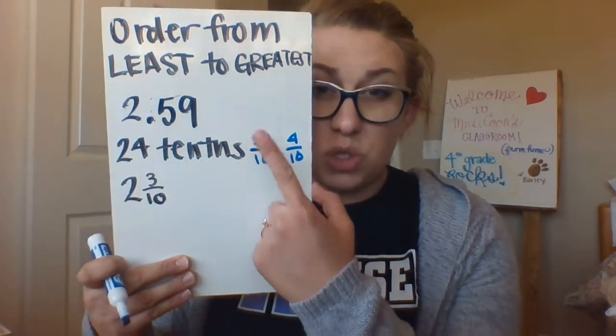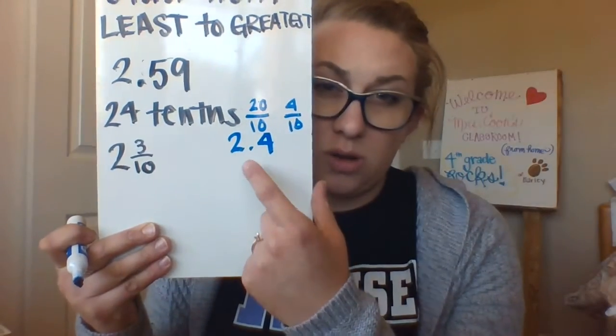Let's break it down. It's 20/10 and 4/10. So that's as a fraction, but 20/10 we know is the same thing as 2 wholes. So that's going to become a 2, and then I have 4/10 left over. As a decimal, I get 2 4/10, 2.4.